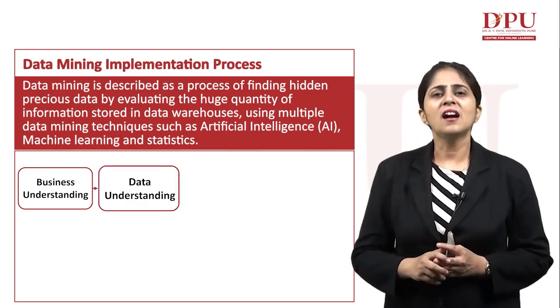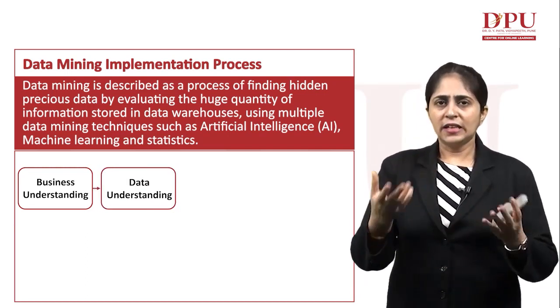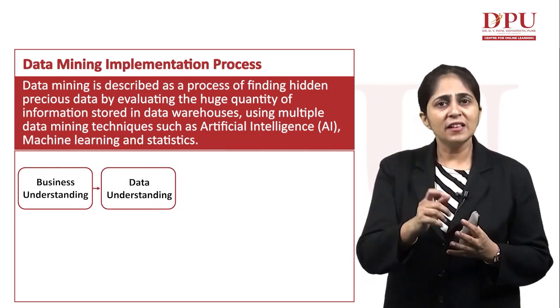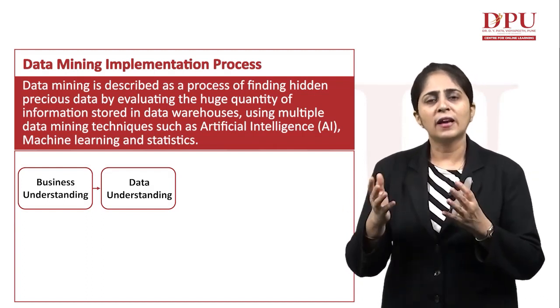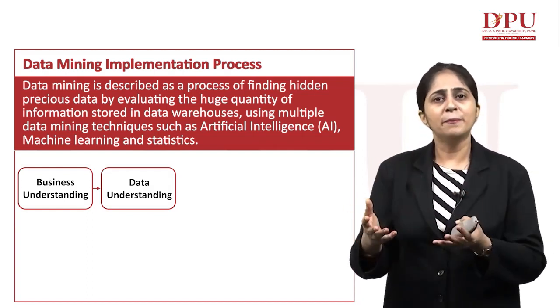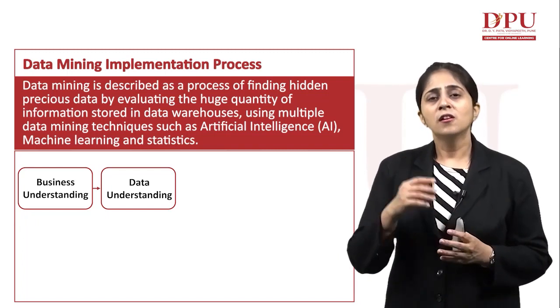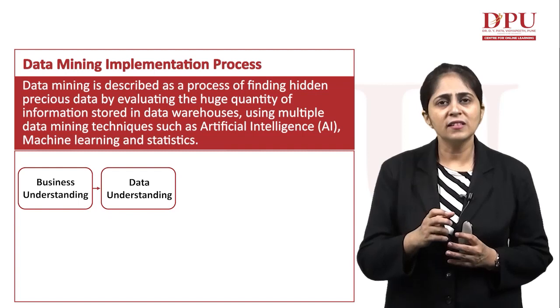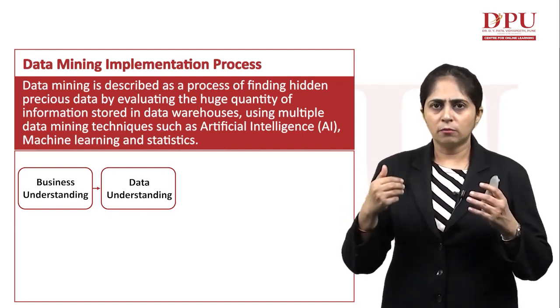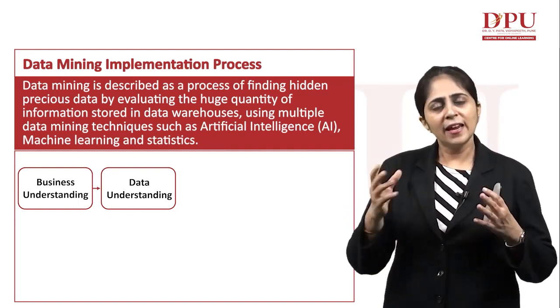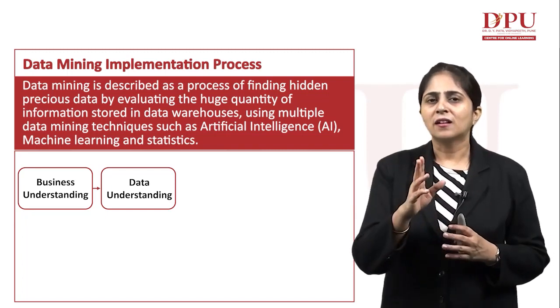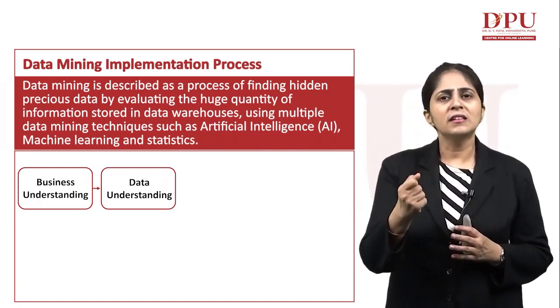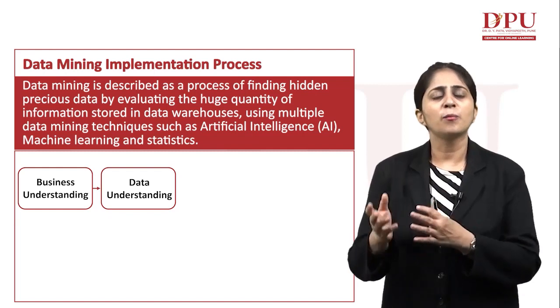Second is data understanding. Data is the basic element which is required for the analysis, for implementing this data mining process. So we need to understand this data properly. If a person is clicking on some things, everything is serving as data, but not all the things that the user has clicked are important.